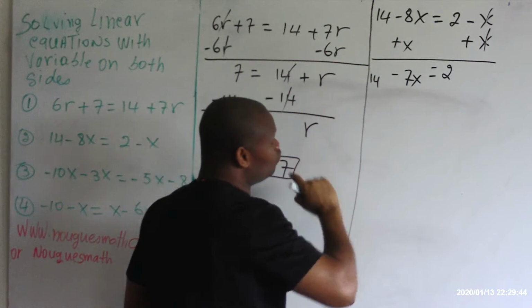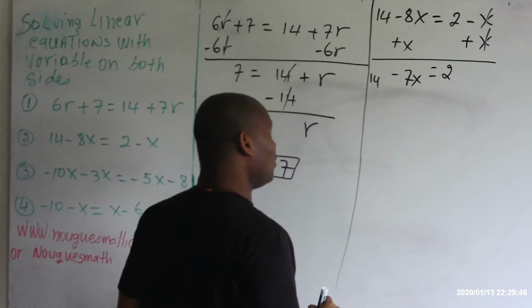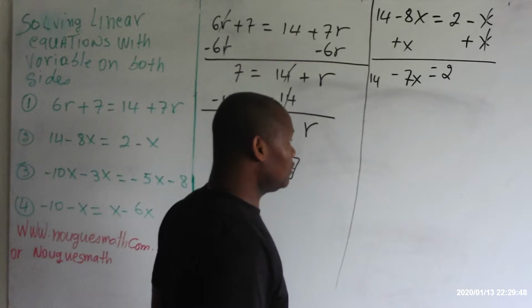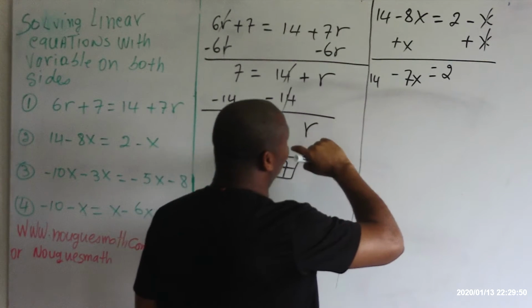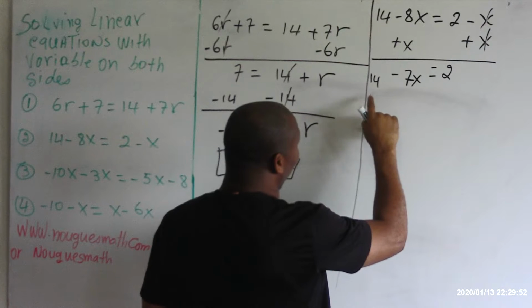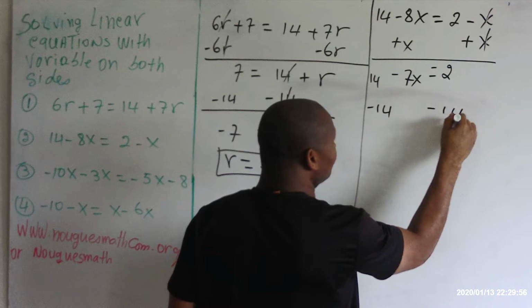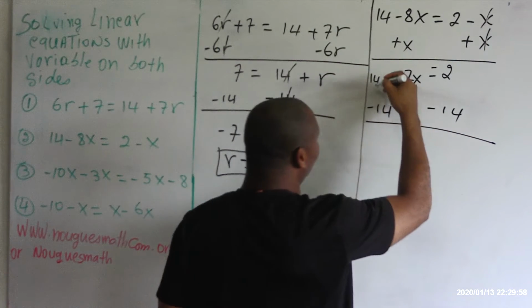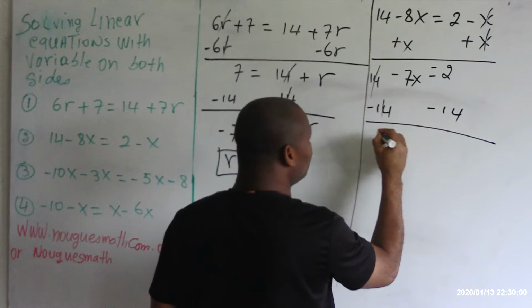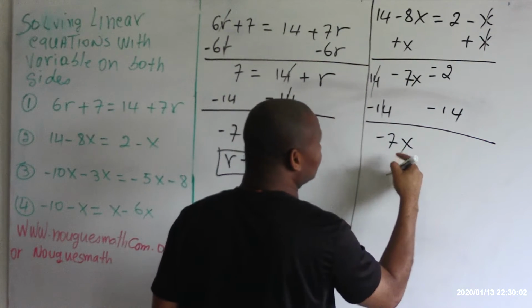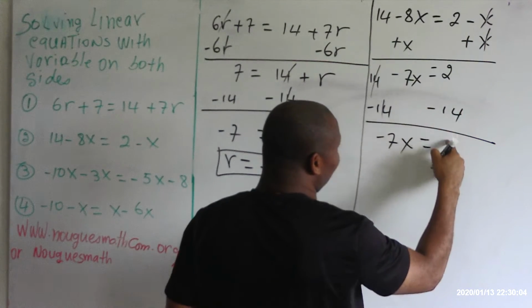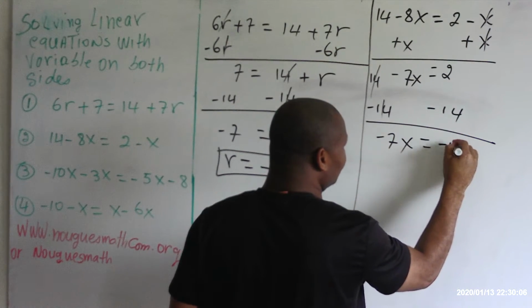Now we can do very good work because our equation is reduced. We can do very simple work. Let's subtract 14 from both sides. So this 14 cancel. Bring down negative 7x. So that's gonna be negative 12.